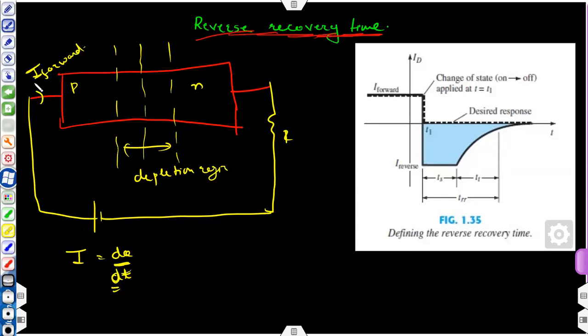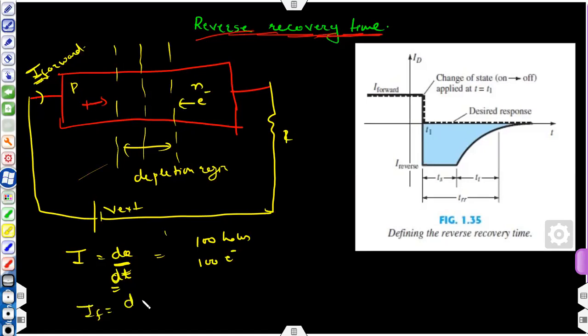That is why you are getting a constant value of I. Let us imagine, I am just taking random values for explanation, that 100 holes are traveling from P region to N region because of this V external, and at the same time 100 electrons will travel from N region to P region. So we have holes traveling from P to N region, and electrons traveling from N region to P region, and because of this we have some I forward.